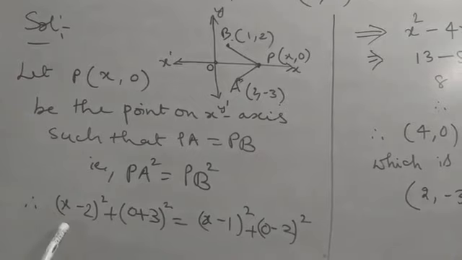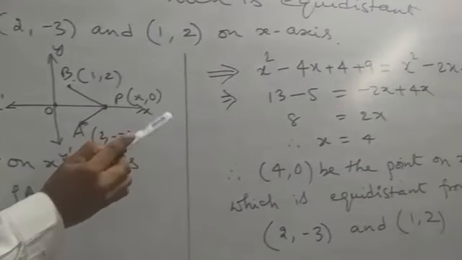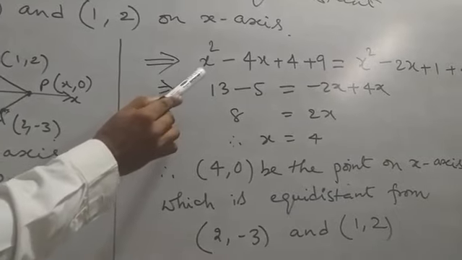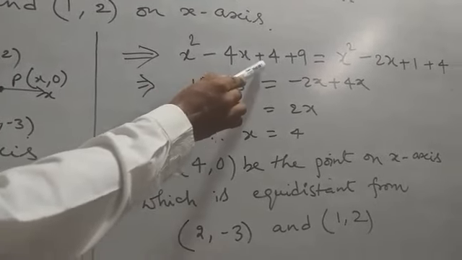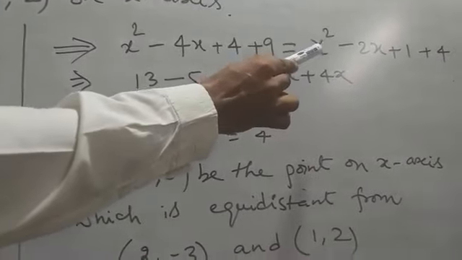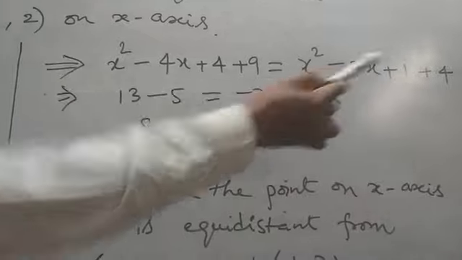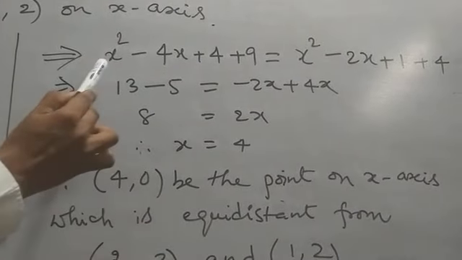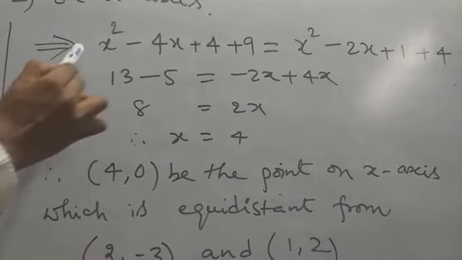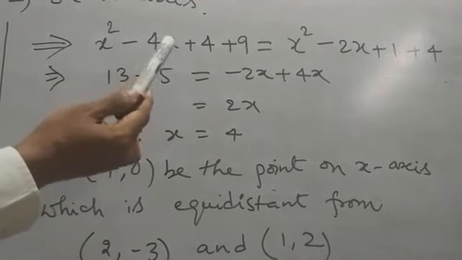If expand these terms, observe this step. x square minus 4x plus 4 plus 9 is equal to x minus 1 whole square is there, that is nothing but x square minus 2x plus 1 plus 4. If you simplify this, x square cancelled on both sides, take constant terms on one side and x terms on another side.